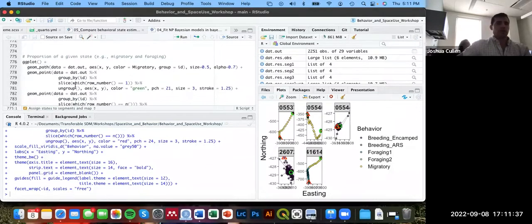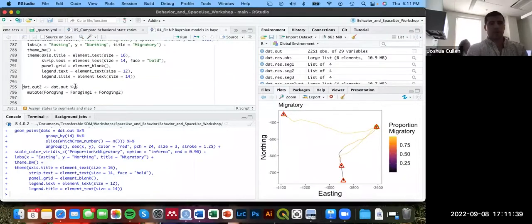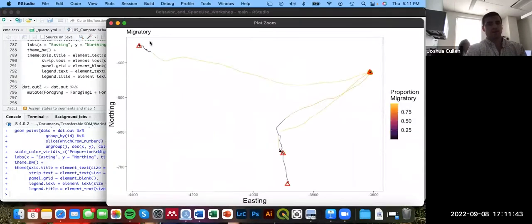And alternatively, you can make these plots, but show it as a probability or proportion of each of these different behaviors. So if you said, what's the proportion of being in the migratory period for all these individuals, I can show this in this new color ramp where the closer to yellow it is, the greater the probability that it's in a migratory state.